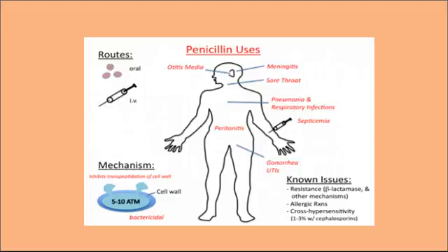So the broad spectrum, I think that's on the next slide. But you can see here, it talks about the kinds of things. It's pretty broad around the body, what you can treat with penicillin: in the ears, in the brain, down the throat, pneumonia, respiratory infections, septicemia, which is infection in the bloodstream, gonorrhea, UTIs, peritonitis, which is infection in the peritoneal cavity.